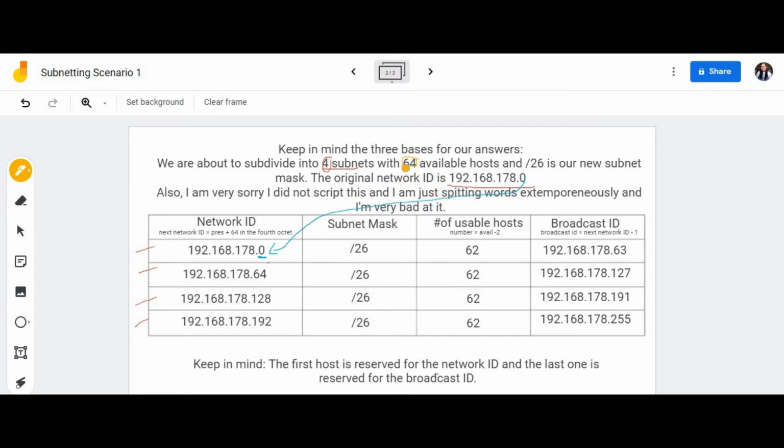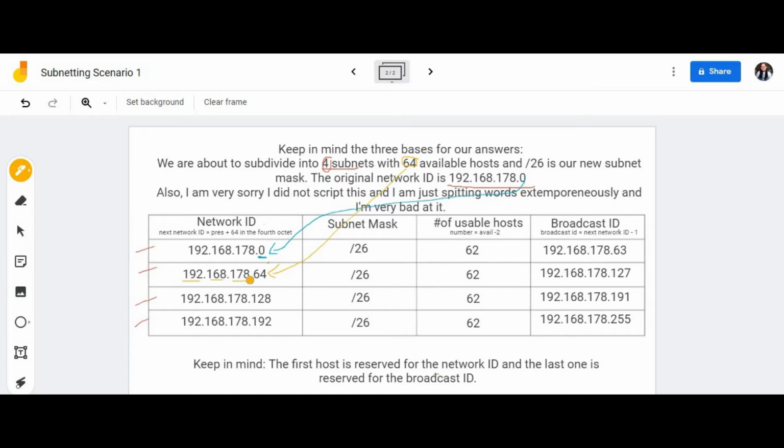So here in this network ID, the 4th octet is the 0 here. So again, this first network ID is just basically the original network ID. And then from here, we will just add 64 because 64 here is the number of available hosts.